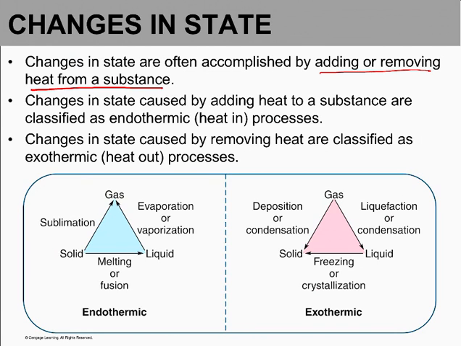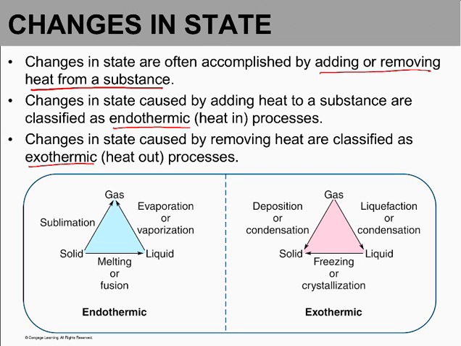So changes in state caused by adding heat to a substance are classified as endothermic. And changes in state caused by removing heat are classified as exothermic. So endothermic means that heat is coming in.